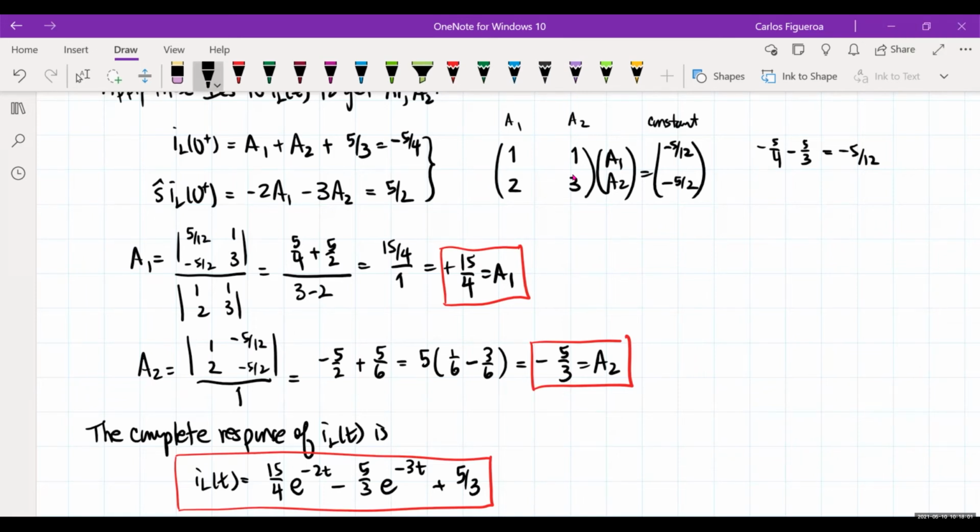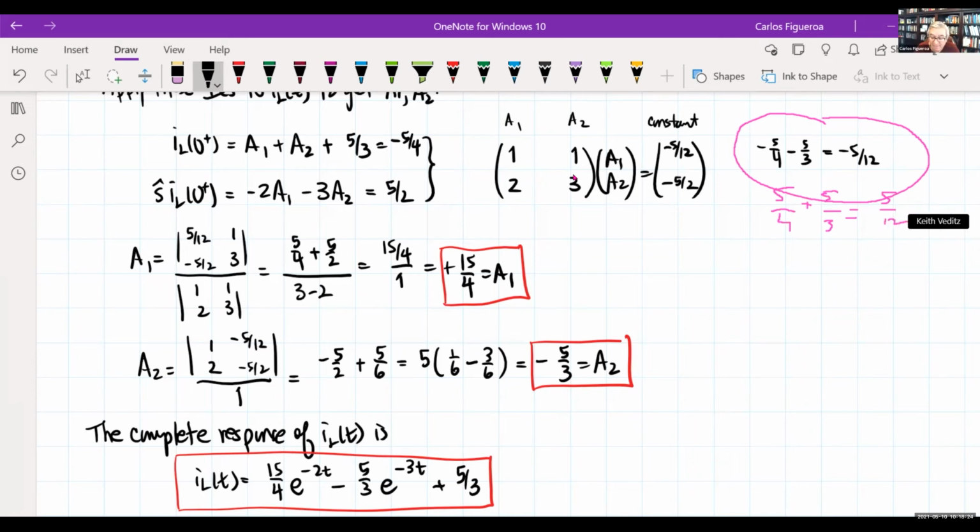Can I annotate on the screen? This right here. What is that? What are you getting? If we just do some algebra, we get 5/4 plus 5/3 equals 5/12, which is... I subtracted instead of added them.